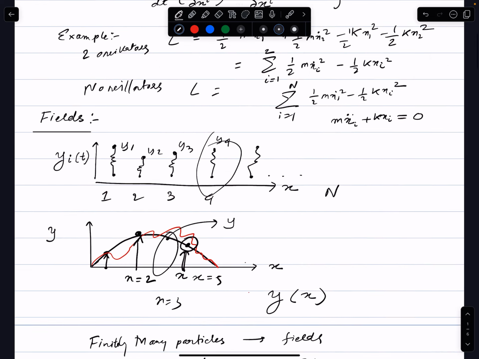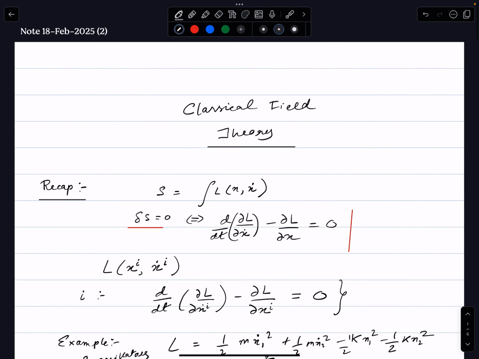So in the Lagrangian, I had the Lagrangian of x dot, right? This was the variable. So if I now write the action for some field, then this will look like what it should look like.